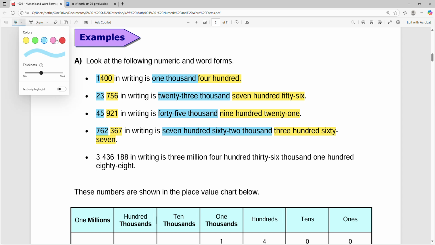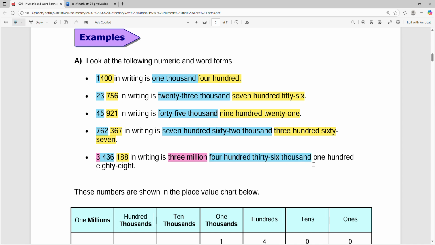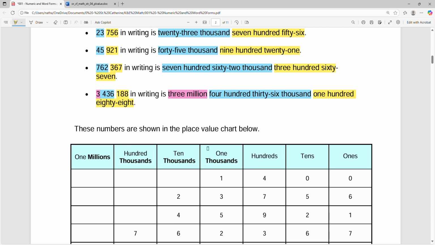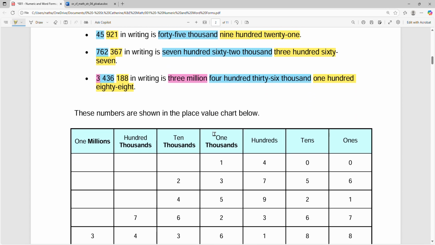Now we're into the millions. 3,436,188. Okay. All right, so we can look at those numbers as well here in the place value chart.